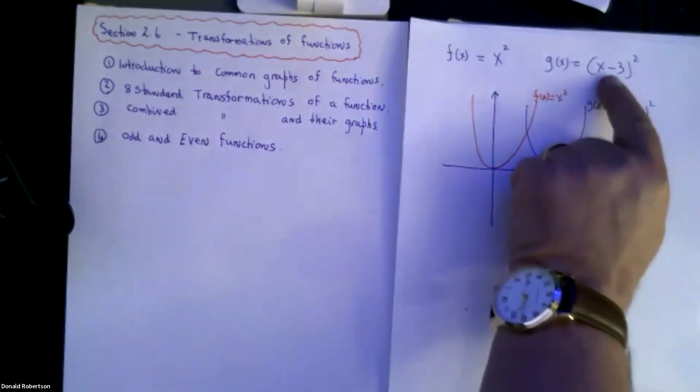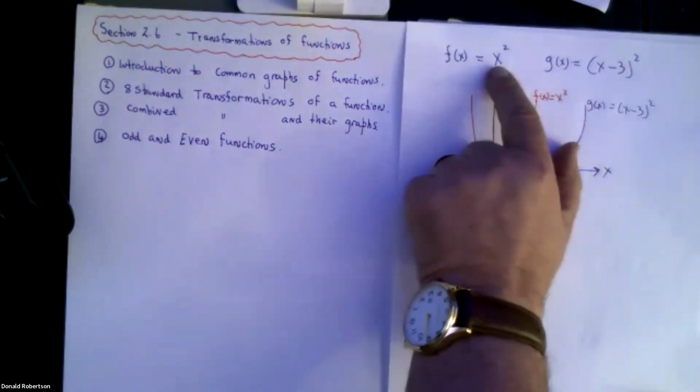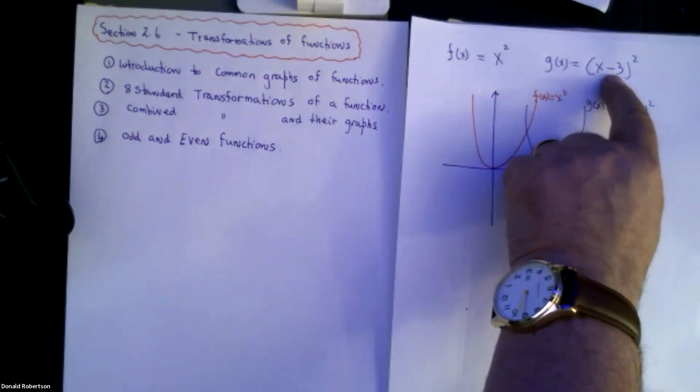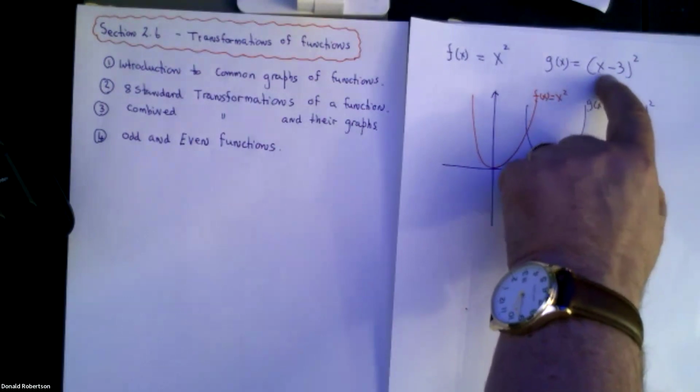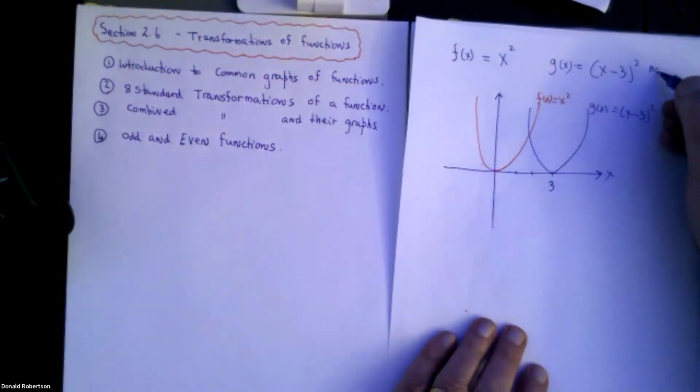So if you put x take away 3 squared, so it's basically x squared being transformed, you see the x is now being replaced by x minus 3. This transformation moves the graph to the right 3.